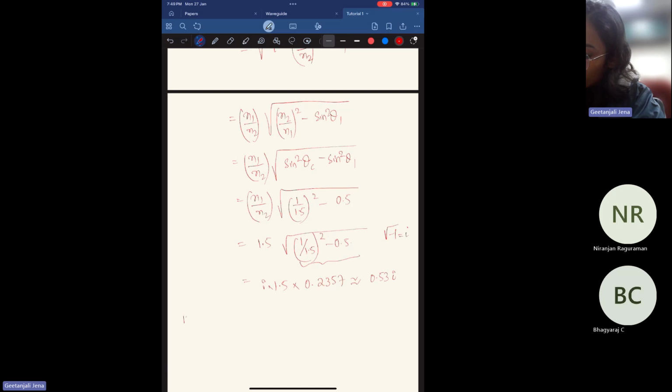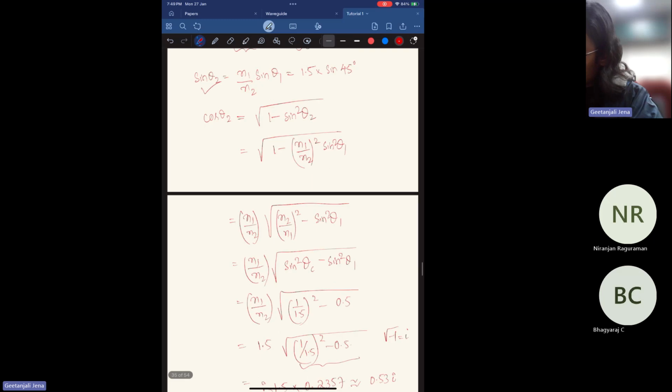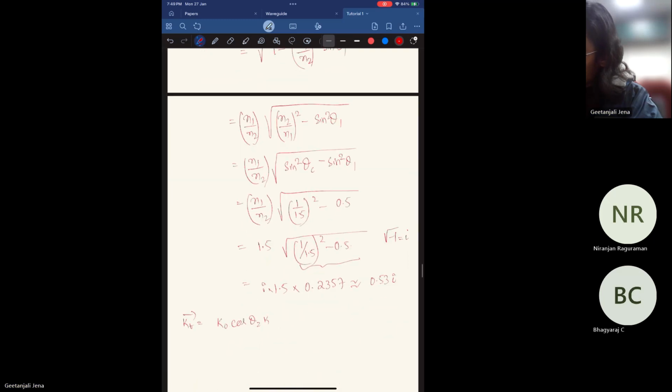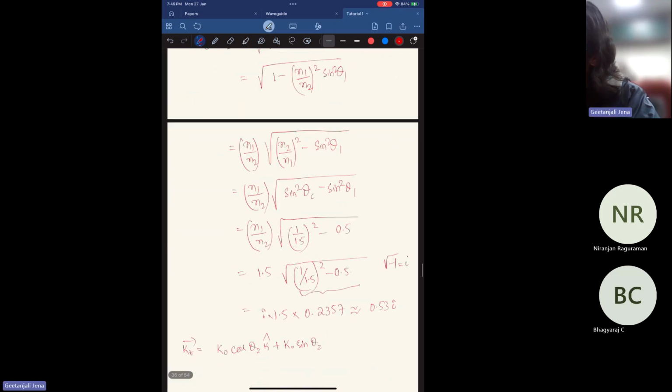So now KT will be, what will be KT? It is K0 cos theta 2 K cap plus K0 sin theta 2 J cap.